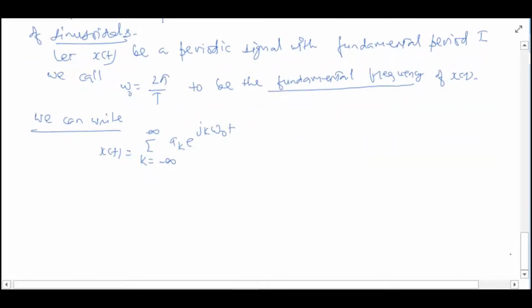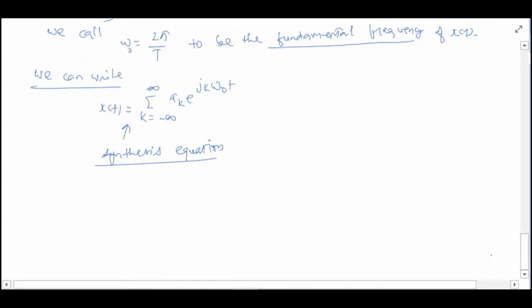This series on the right is called the Fourier series. This equation itself is called the synthesis equation, because it synthesizes a periodic signal from sinusoidal components.